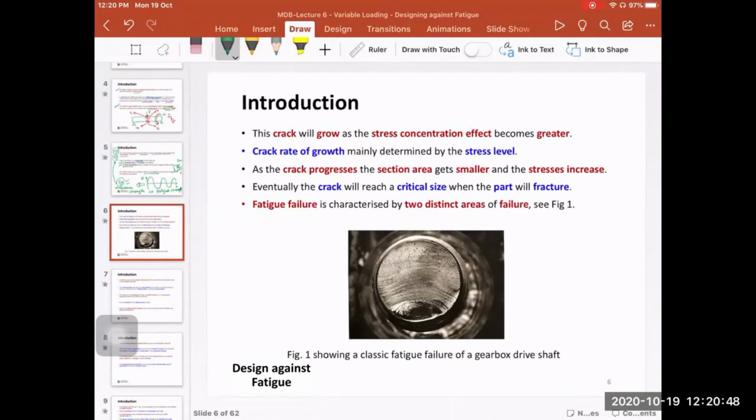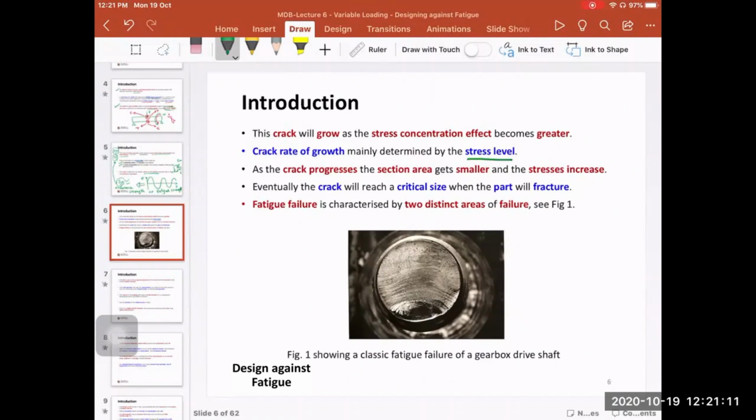The rate of crack propagation is determined by the level of the stress. So if you have high stresses, the crack is going to grow faster. If you have lower stresses, the crack is going to be slow. But as the crack grows, the cross-sectional area becomes smaller.